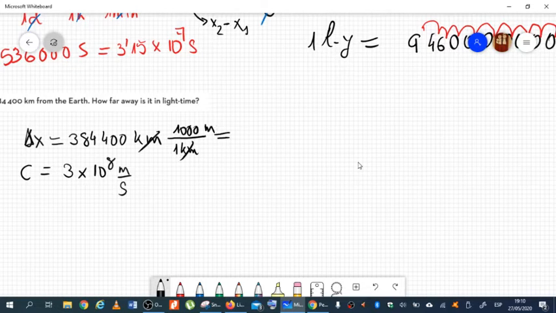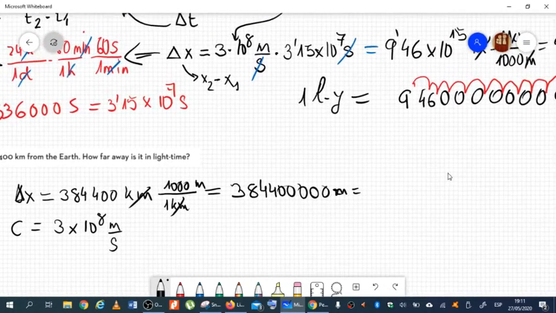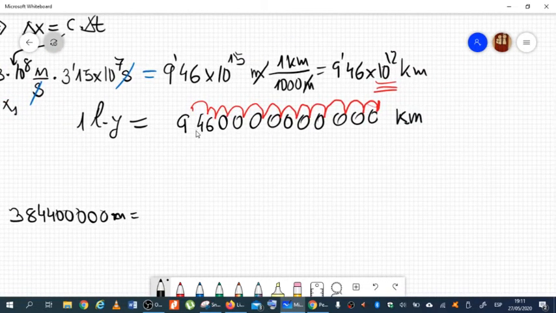We cancel kilometers and we have meters. And if we use scientific notation, notice that it is useless and unviable to use these huge numbers. That's why we use scientific notation.